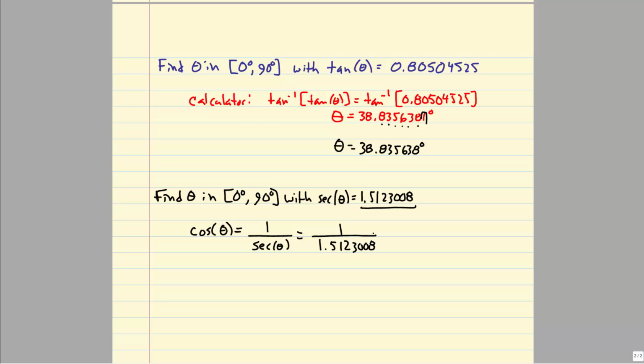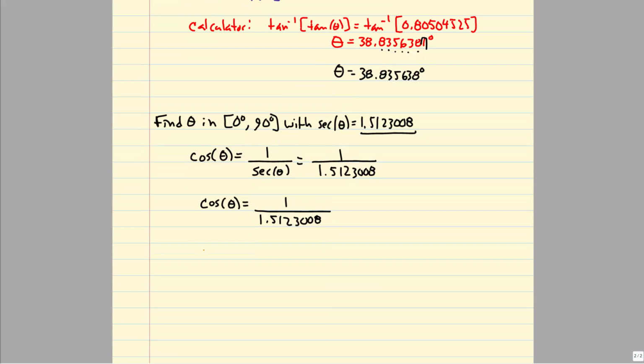So I could rewrite this as the cosine of theta equals 1 over 1.5123008. And then to find the angle, I would take the inverse cosine of both sides, or the arc cosine. So the inverse cosine of the cosine of theta equals the inverse cosine of this fraction.